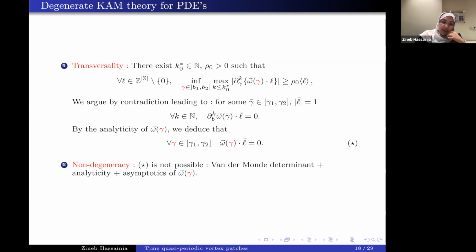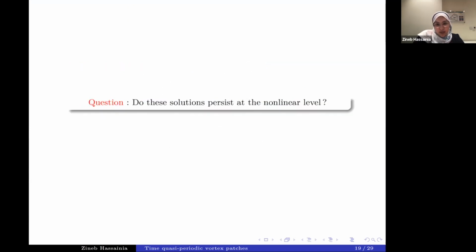And then by using the asymptotic of the linear frequency, the analyticity, and the Vandermonde determinant, we can prove that this identity is not true. It's not possible because the frequency vector is non-degenerate.